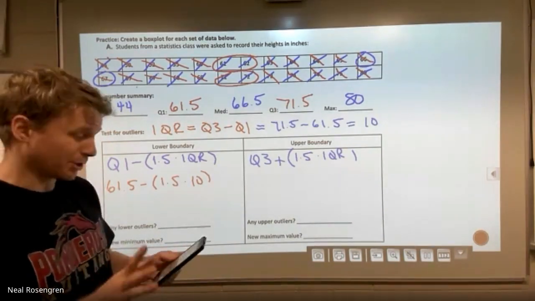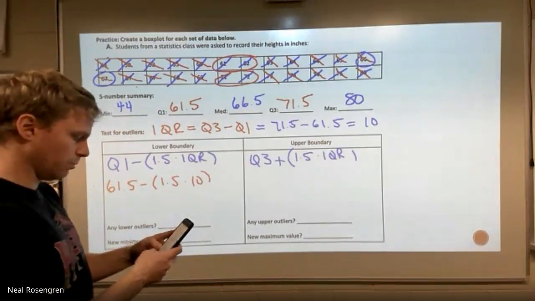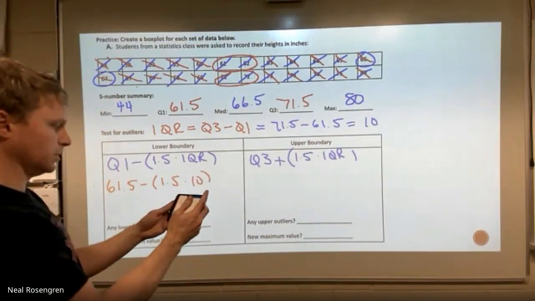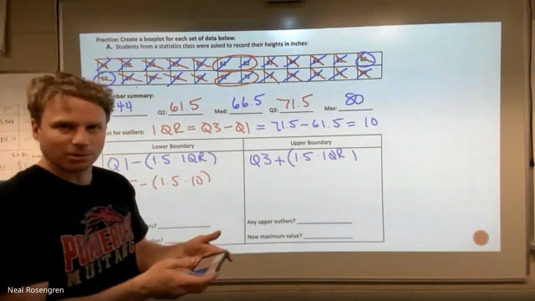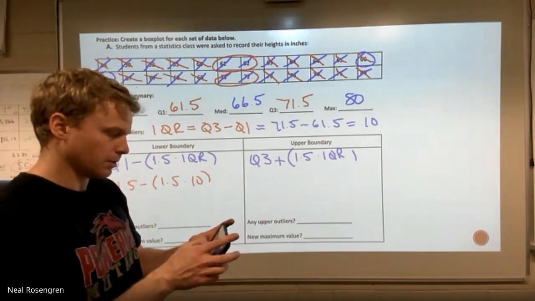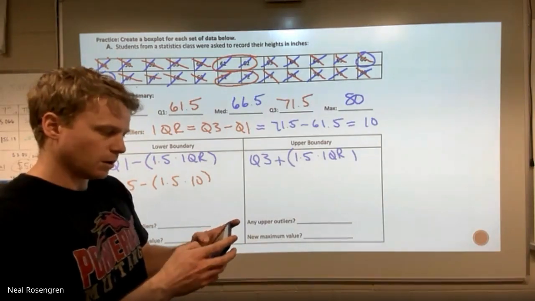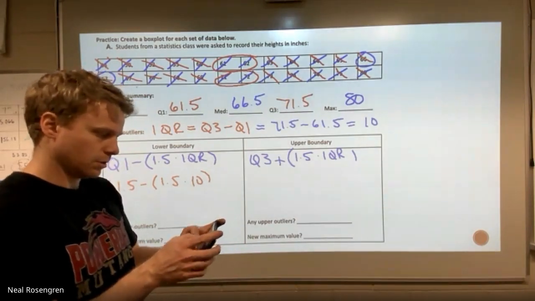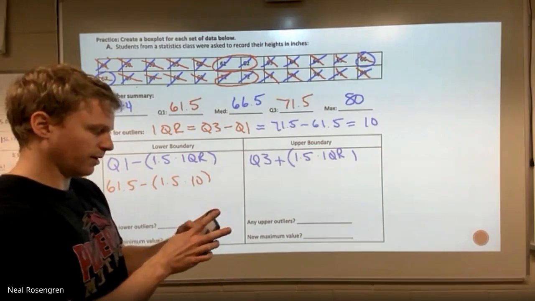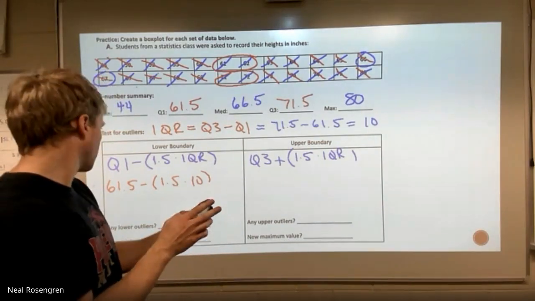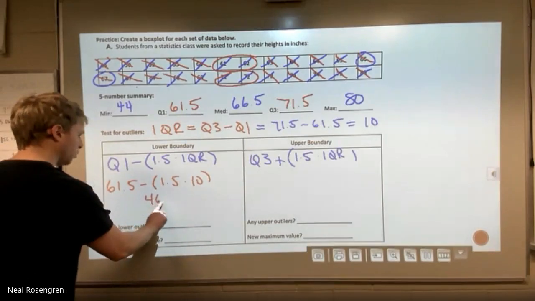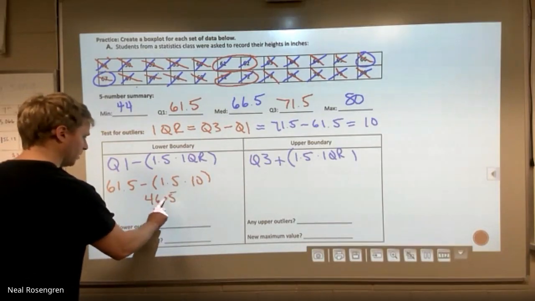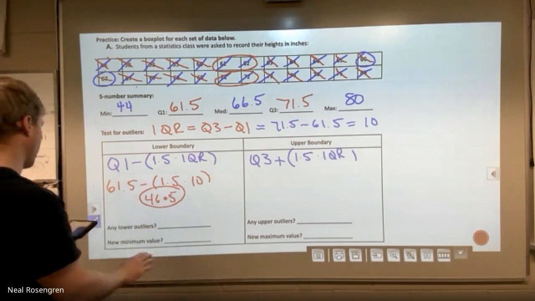But I'll let the calculator do it so I don't make any mistakes. 61.5 minus, sideways so I can get my parentheses there, 1.5 times 10, which is just going to be 15. But I'll type it in just to be safe. Oops, typed it in wrong. 61.5 minus 1.5 times 10. So 46.5. That's my lower boundary.